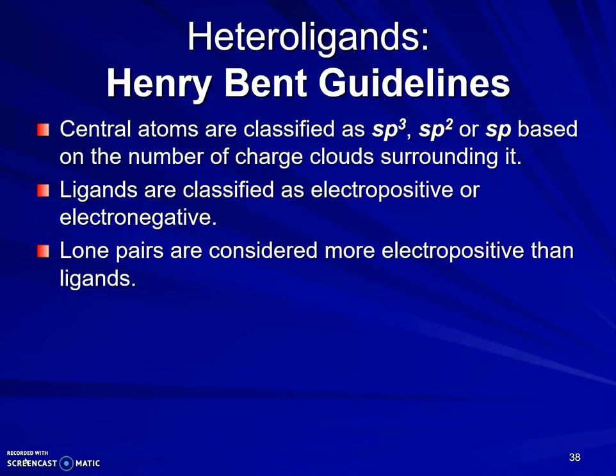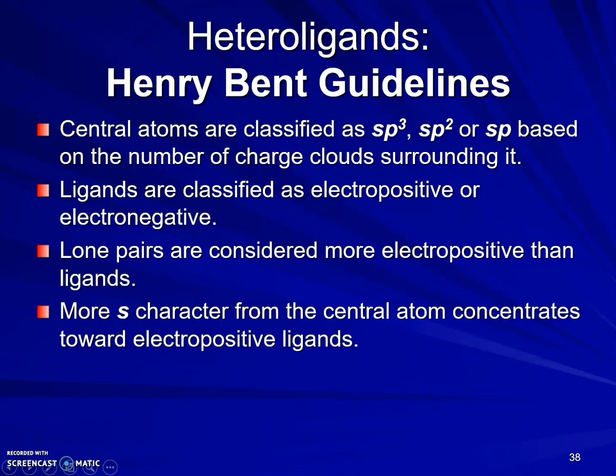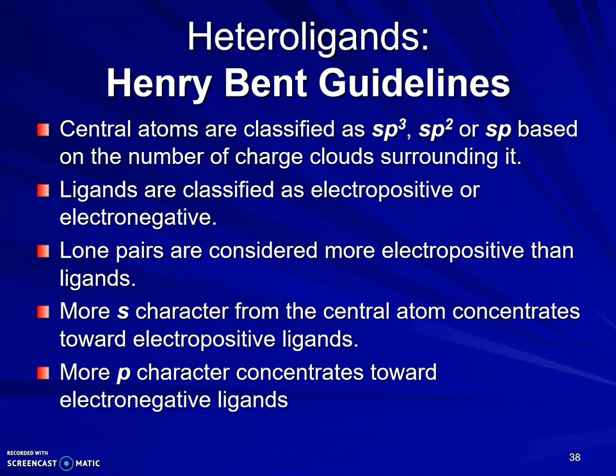And the reason why we're going to do that is because it's known that orbitals that are going to bond to more electropositive ligands tend to concentrate a little bit more S character than we would expect based on their starting hybridization of sp3, sp2, or sp. And so more P character then is going to concentrate toward the more electronegative ligands, and from that we see different bond angles.